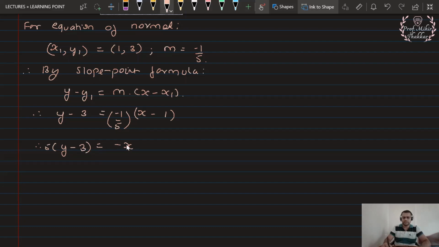Therefore, minus 1 into x is minus x. Minus 1 into minus 1 is plus 1. And this 5 is cross multiplied over here. So you get 5y minus 15 minus x minus 1 is equal to 0. In fact, plus x.